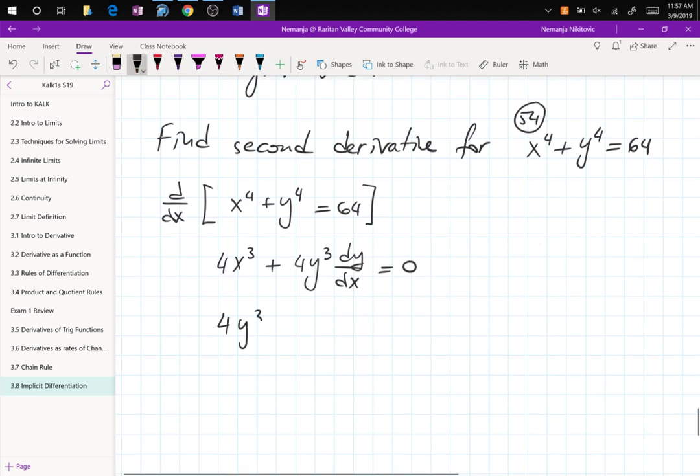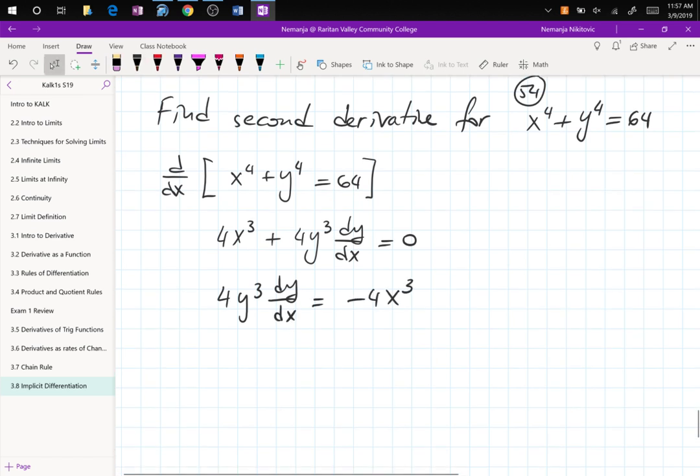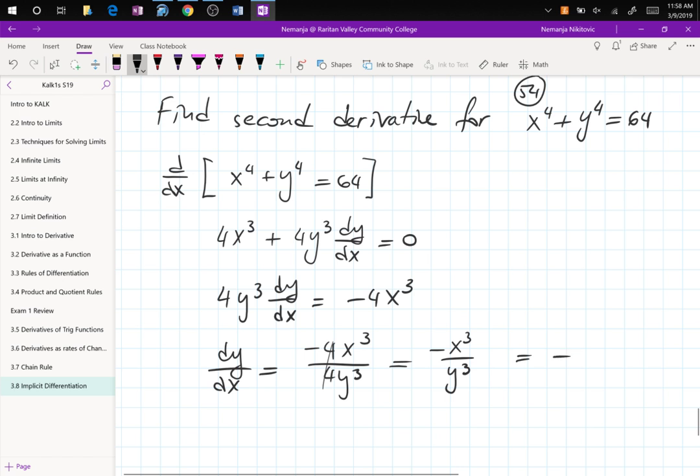So 4y cubed dy/dx is equal to negative 4x cubed. And when you divide, you get negative 4x cubed divided by 4y cubed. These cancel, and you get negative x cubed over y cubed. You can compress that into x over y everything cubed if you want to. Either one of these two is a good answer.